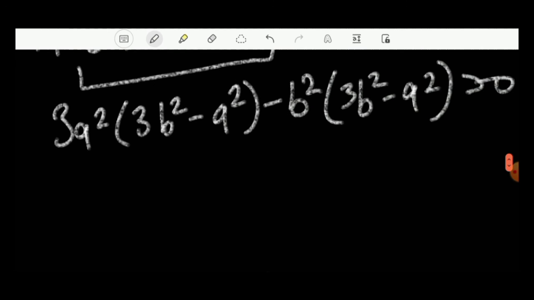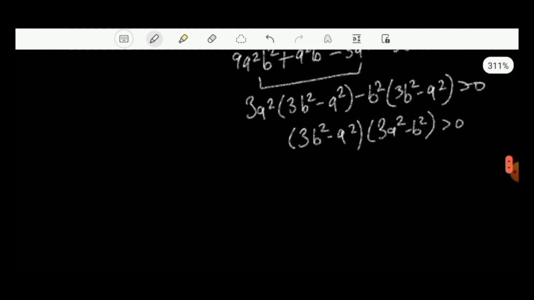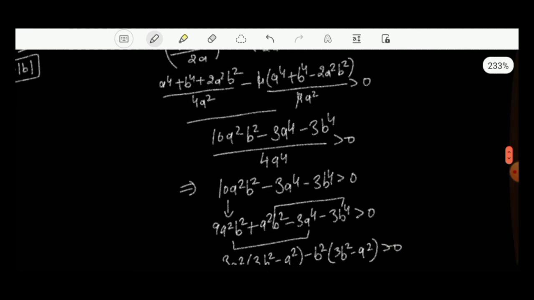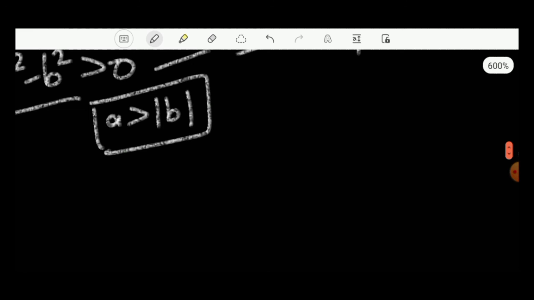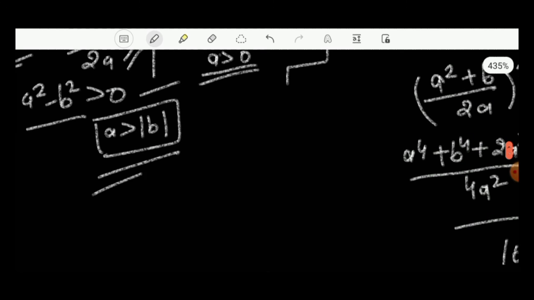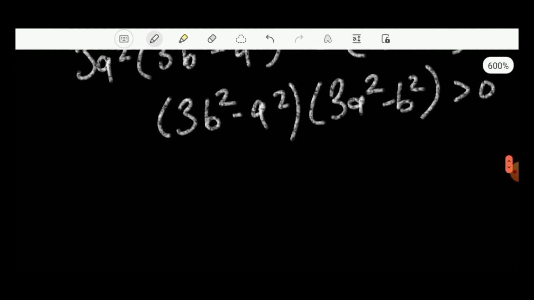And now we can simply say that 3b square minus a square multiplied by 3a square minus b square is greater than 0. And now I'm going to use the condition that we already have found, which is a is greater than mod of b and a is greater than 0.